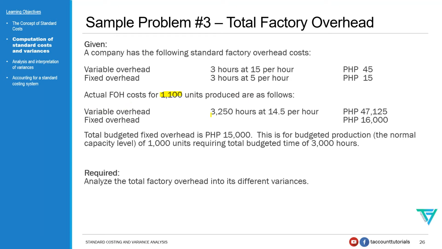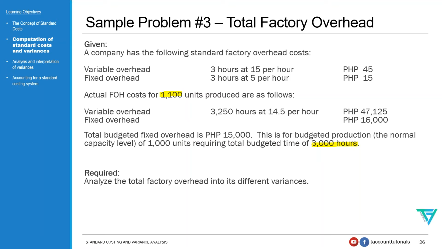Variable overhead, 3,250 hours at 14.5 pesos per hour leads to 47,125 pesos. Fixed overhead, which is just given, 16,000 pesos, right? Now, at the bottom portion here, total budgeted fixed overhead is 15,000 pesos. This is for budgeted production, the normal capacity level of 1,000 units, requiring total budgeted time of 3,000 hours, right?